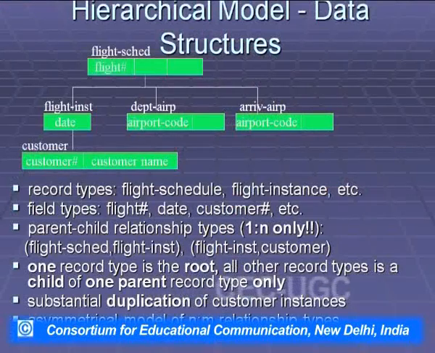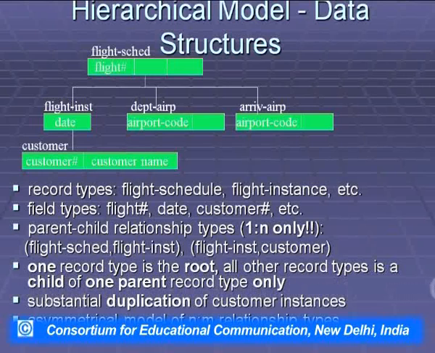Now here you can see the hierarchical model data structure. We have this flight schedule, the part flight instance, departure, arrival, airport code, and customers.